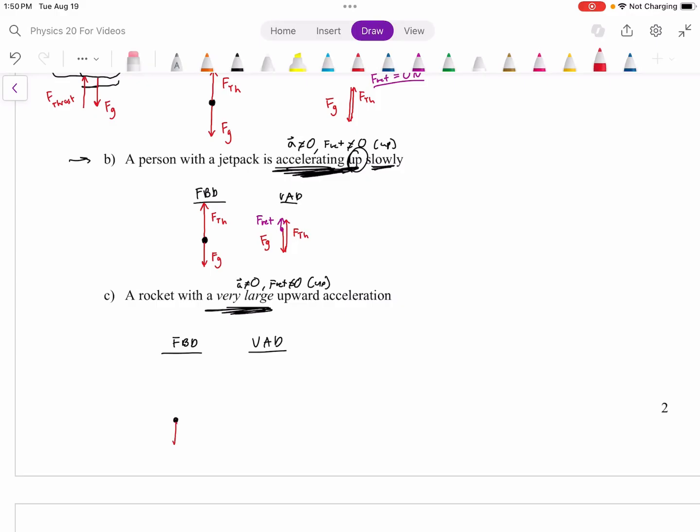Rocket still has mass, still feels a force of gravity, but now the force of thrust from that rocket is not only canceling out the force of gravity, it's canceling out with a lot left over, so that there is a very large net force upwards to provide that very large upwards acceleration, right? Look at our net force now. From where we started our diagram to where we finished, that's a much bigger net force upwards, which is required to provide a much bigger upwards acceleration.